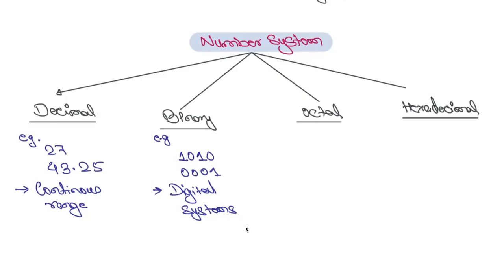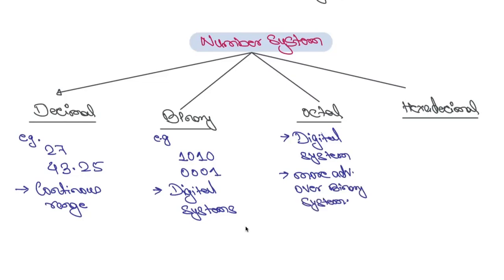Now, what is the octal system? Octal system, we will see, uses basically base 8, and it is used again in digital systems, and it is more preferred, with more advantage over the binary system.